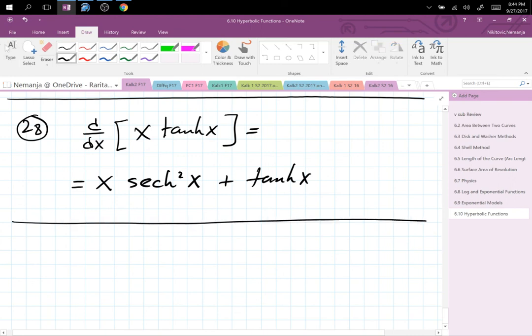So be mindful of the product rule, quotient rule. Quotient rule is number 30. They ask you to do x over cosecant hyperbolic x. I'm not going to do it. I'm just going to work some magic here.